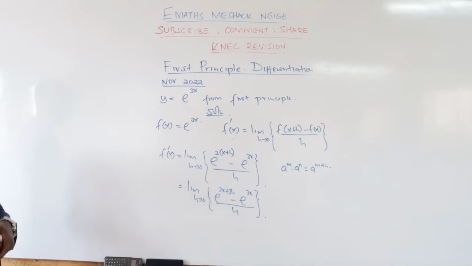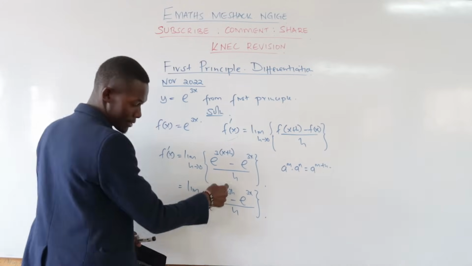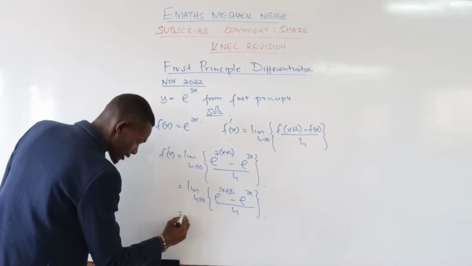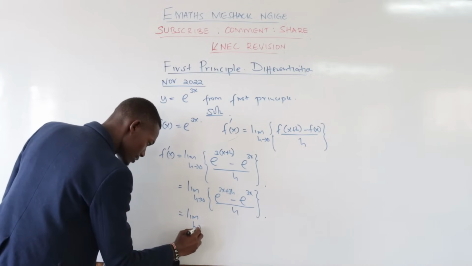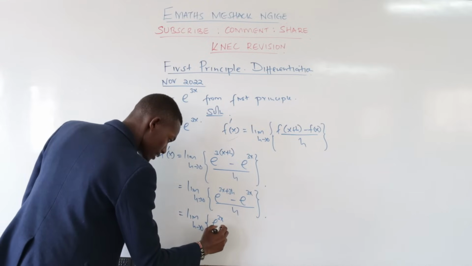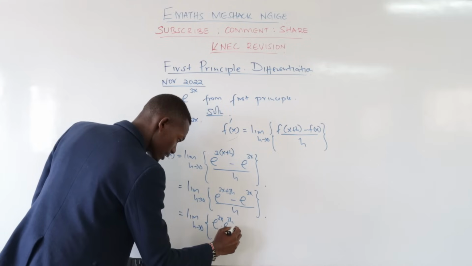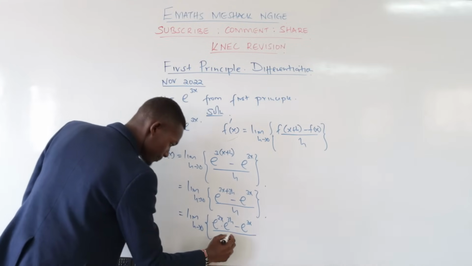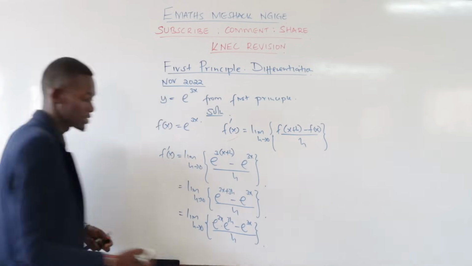So we have that. So therefore, we can split this into two. Just a rewriting. So we have limit as h tends to 0, we have e^(3x) times e^(3h), then minus e^(3x), then all over h.